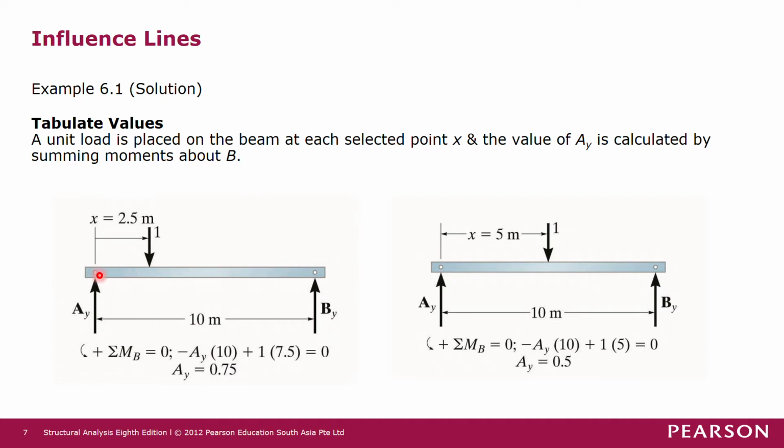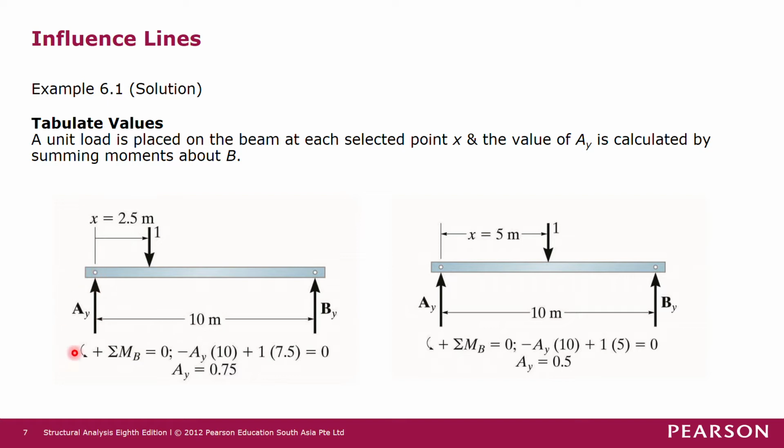So each segment length is 2.5 meters. So we have one point, 2 point at x equals 5 meters, and then another point is x equals 7.5 meters. In this case, first we'll look at what happened to reaction AY.